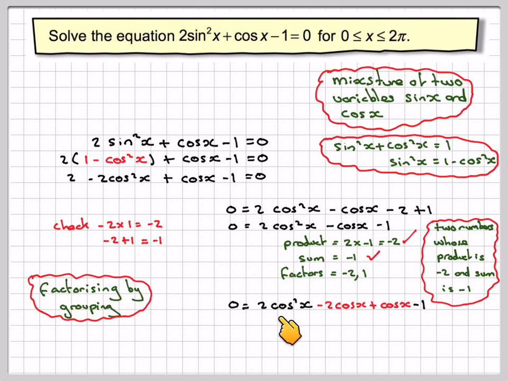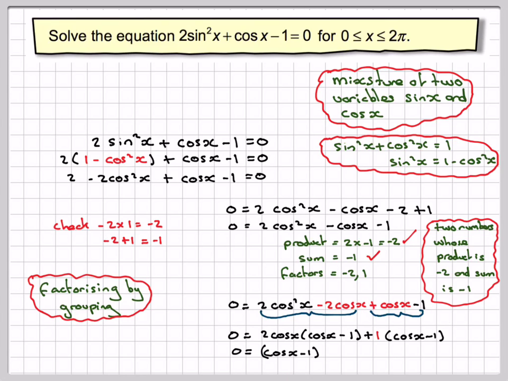We group these two terms together, and the highest common factor is 2 cos x, and what's left is cos x minus 1. And here we've got cos x minus 1 and a plus 1 in front. So here and here we now have the same thing, so that can come out as a common factor, and we're left with 2 cos x plus 1. So it's cos x minus 1 times 2 cos x plus 1.